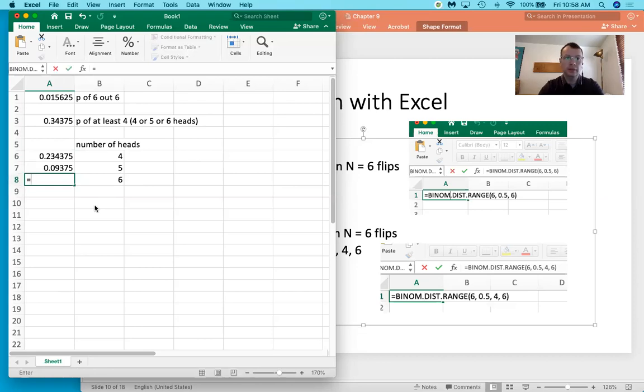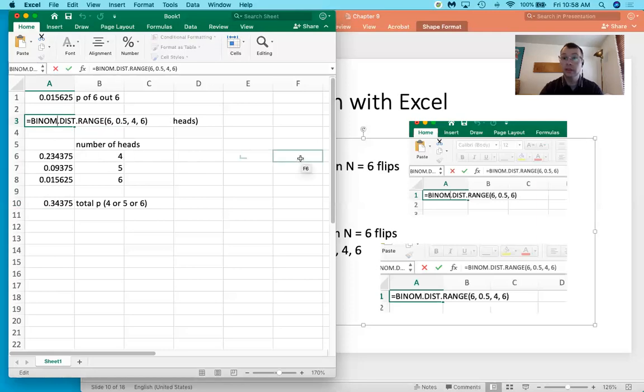And if I do the last one, binomial dist range, 6, 0.5 and 6, I get what I had before. Now, the total probability of 4 or 5 or 6 is the sum of those 3, which is identical to what this function gives you.